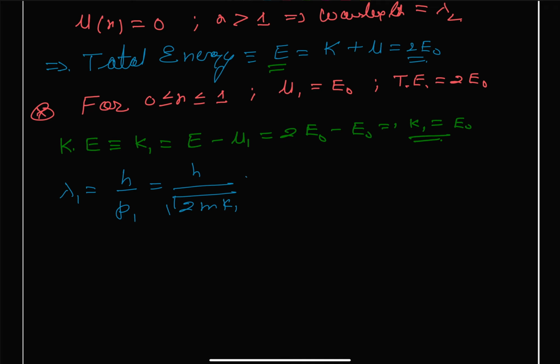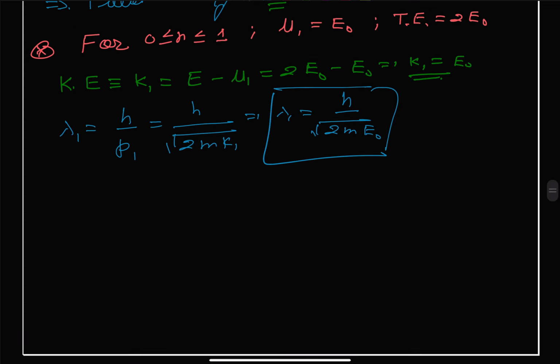So we get lambda 1 equal to h upon the square root of twice m into E naught. So this is our lambda 1 for the first case. Similarly, we write for our second case, that is, for the value of x greater than 1.